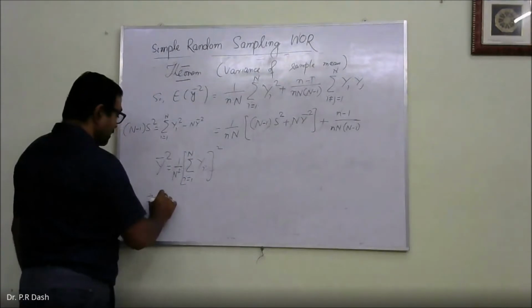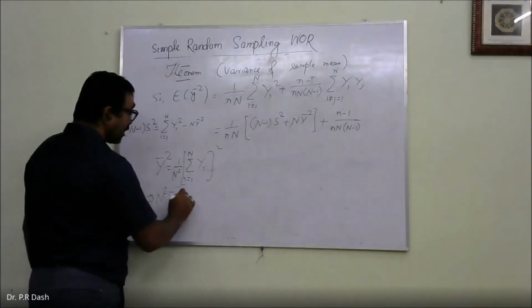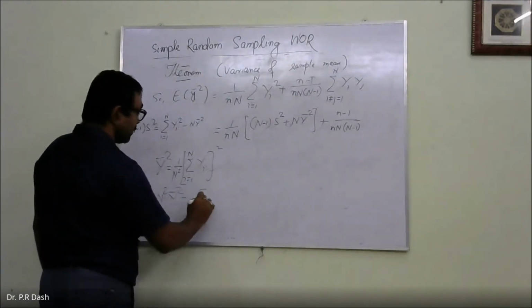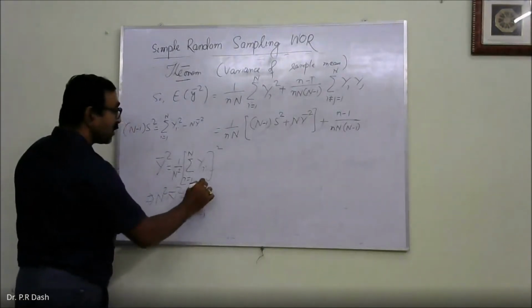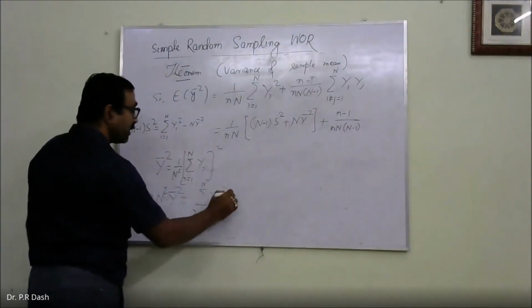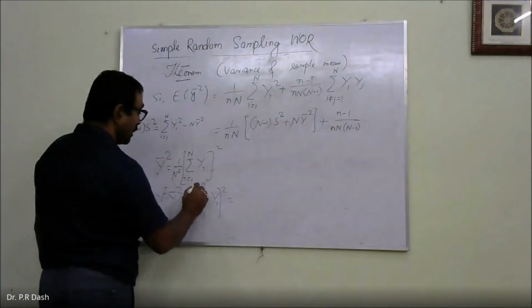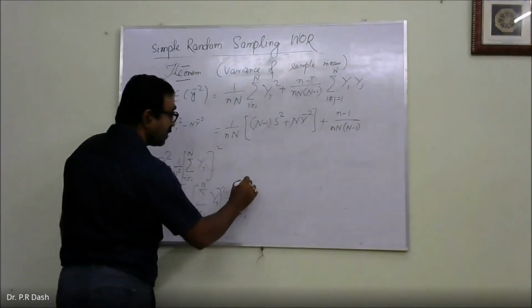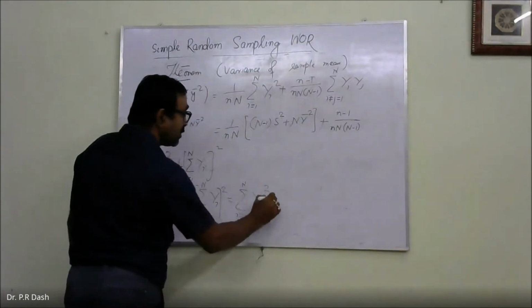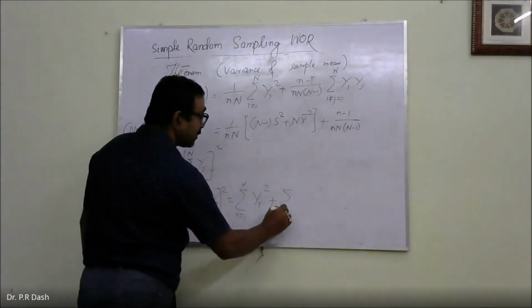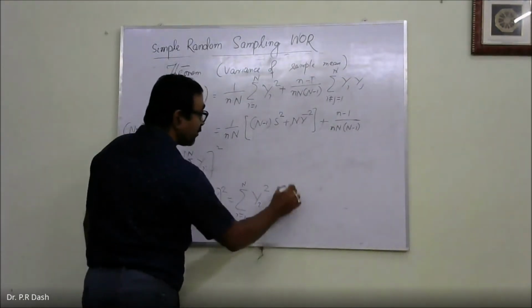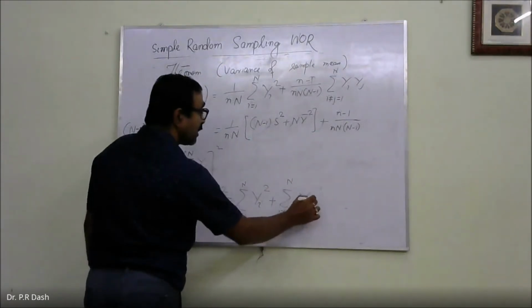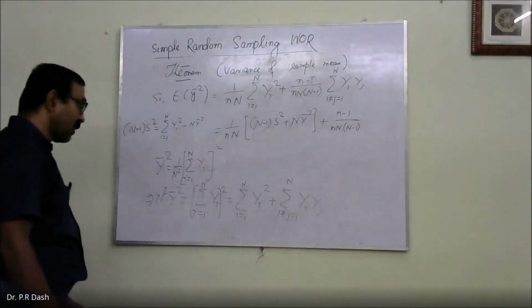That implies n square y bar square equals summation i equal to 1 to n yi square plus summation i not equal to j varying from 1 to n yi yj.